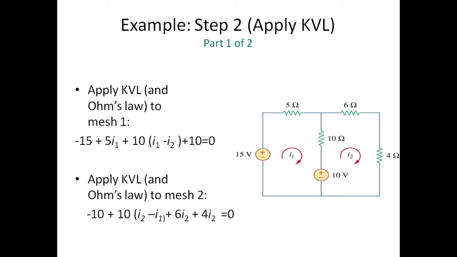For loop 2, apply KVL again along with Ohm's law. Start from here, minus 10 plus 10 into I2, which is in upward direction here, and I1 is in downward direction. We are working on the second loop, hence we take that current as more than I1. So you take 10 into (I2 minus I1) plus 6 I2 plus 4 I2.